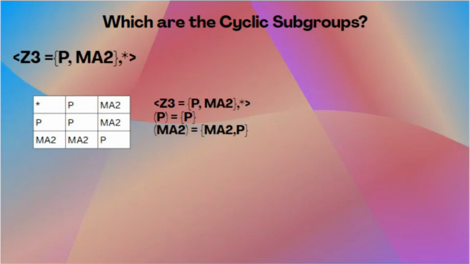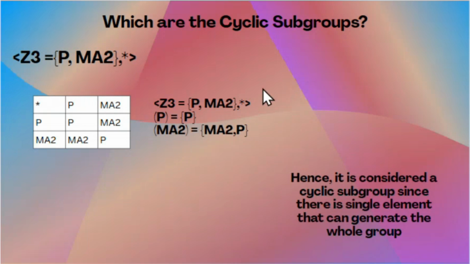Next one, for our Z sub 3, we have P and MA2 under binary operation star. So P star P is P and MA2 star P is MA2, then MA2 star MA2 is P. So therefore, it's considered a cyclic subgroup because we have a generator MA2.